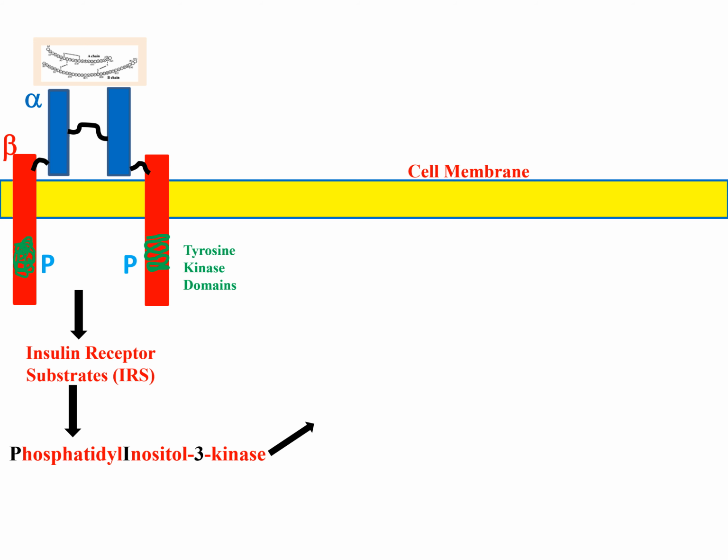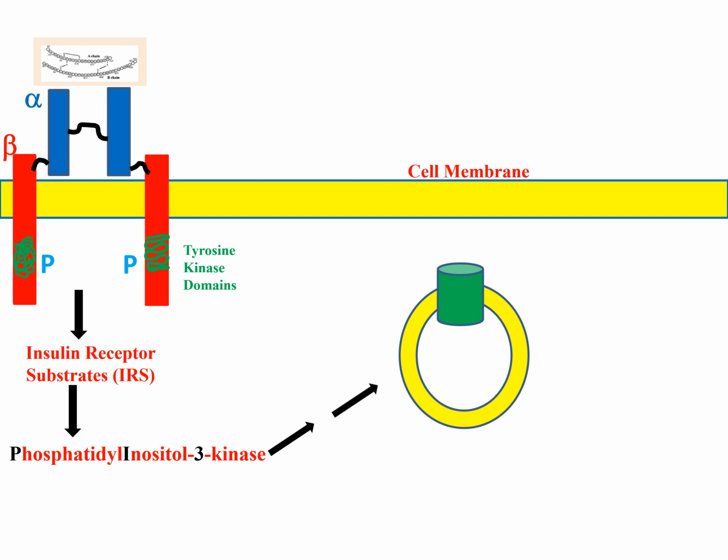Now, this enzyme, through different steps again, will be leading to the activation of the endosomes, which are inside the cells and carrying the glucose transporter type 4.